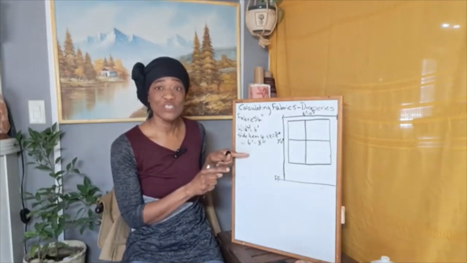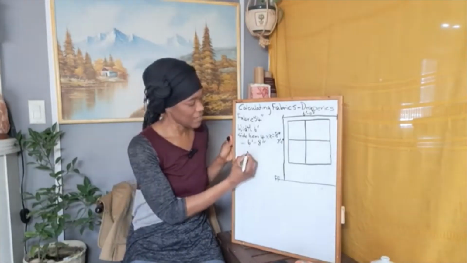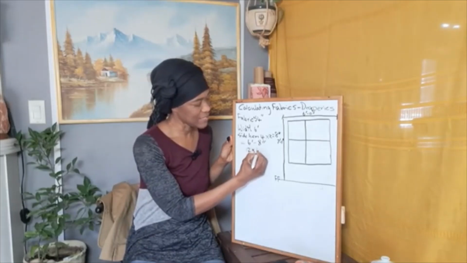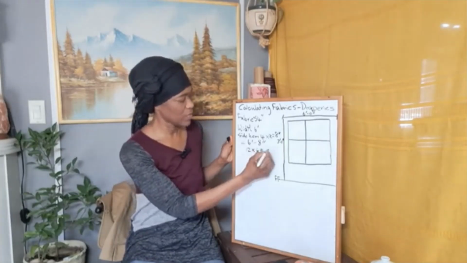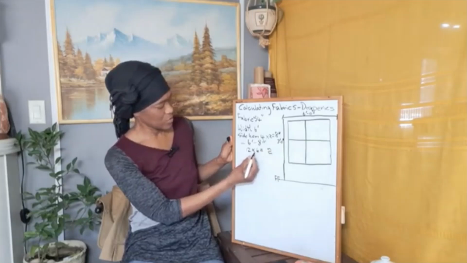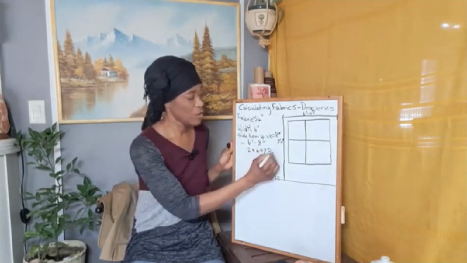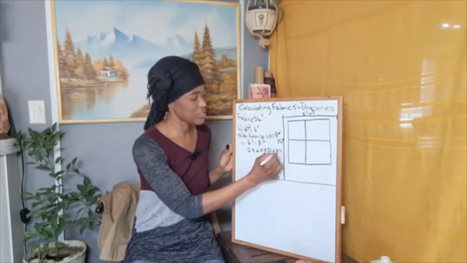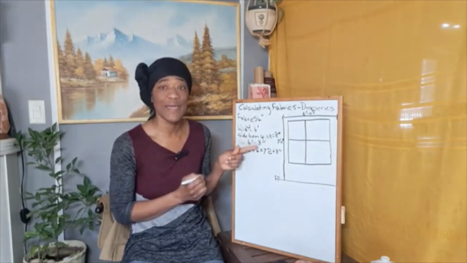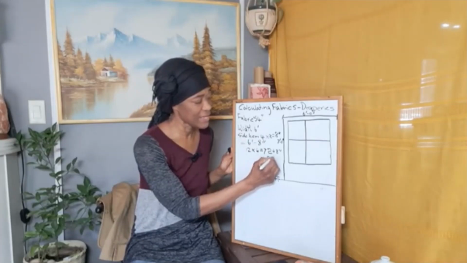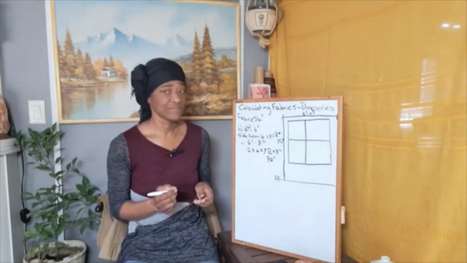There are 12 inches in a foot, which means that we multiply 12 by 6, and 6 12s are 72, plus 8 inches, which is the double hem for the sides. That's going to be 80 inches.